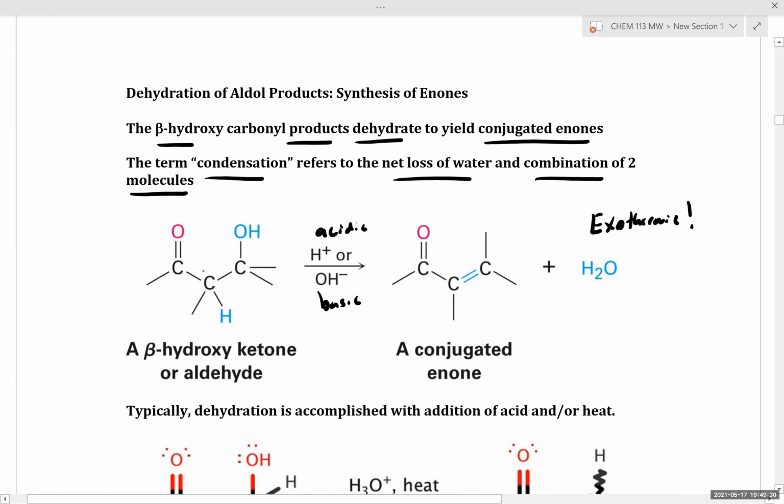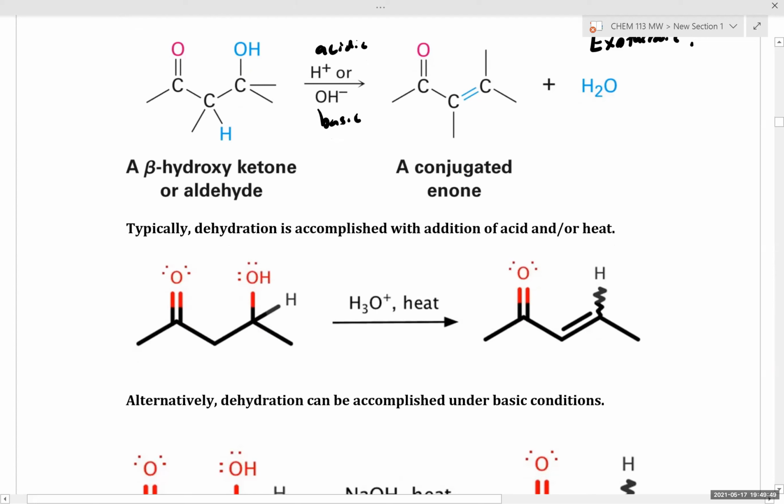So if you compare the bond enthalpies for the bonds that you're breaking and the bonds that you're forming in this dehydration step, you'll notice that the net process is relatively exothermic. Most commonly, dehydration is accomplished with the addition of acid and or heat, with the caveat that in many cases, if the dehydration is slow or not permitted, you can see retroaldol reactions occur.